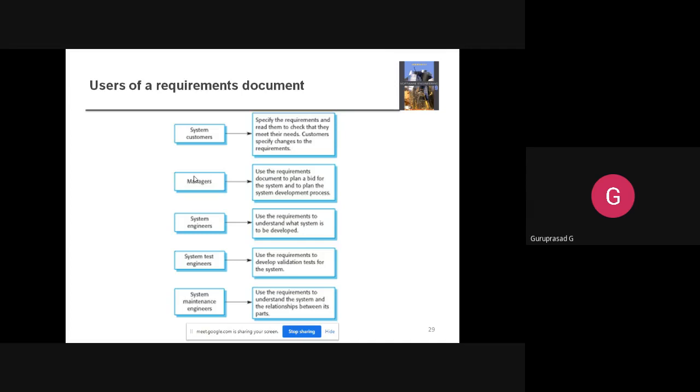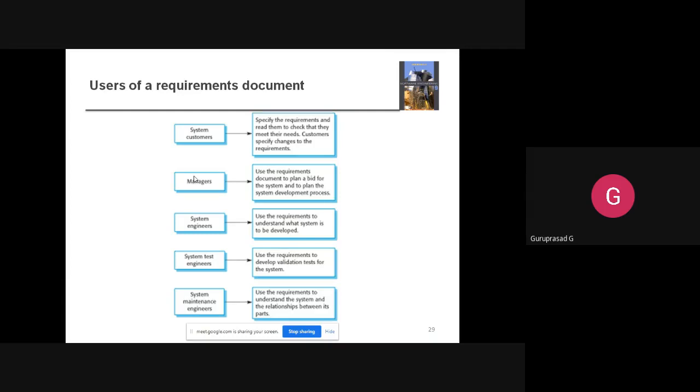So I hope you understand my point here. We have a single requirements document, but the people who are going to read and go through that document are different, and their perception is different. Customer perception is different. Engineers and testing people take it in another way. Managers take it in another way, because the manager has to plan for the software development. Remember, the manager is not going to test the software.